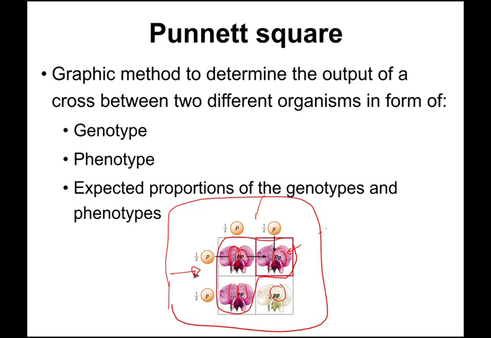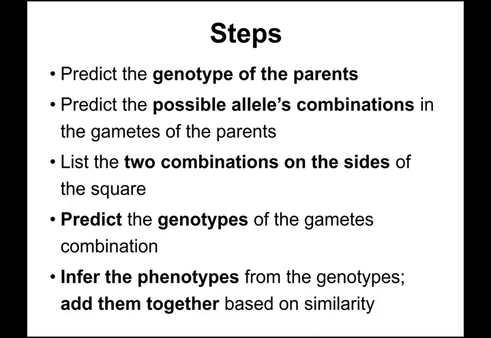So let's go through some examples of these questions. First of all, how do we tackle these questions? There are different steps that you can follow. You can do it in different ways, but what I would recommend is, first of all, try to sort out what is the genotype of the parents. Sometimes the genotype is given to you, sometimes you have to infer it.